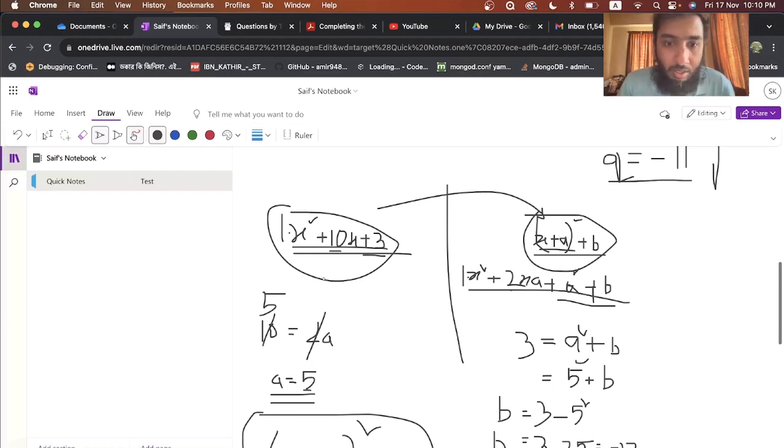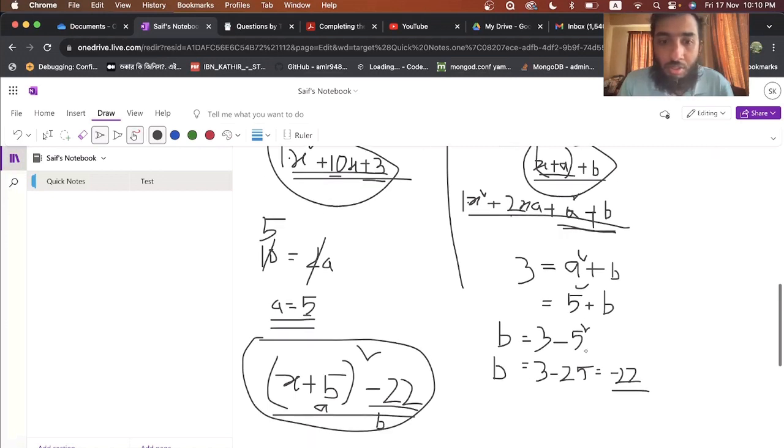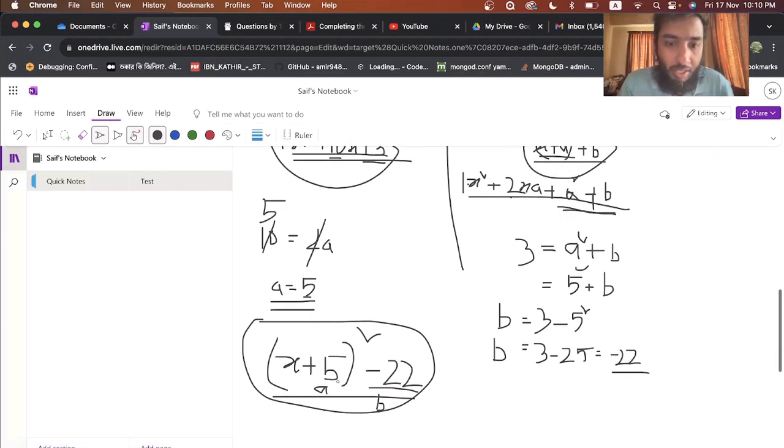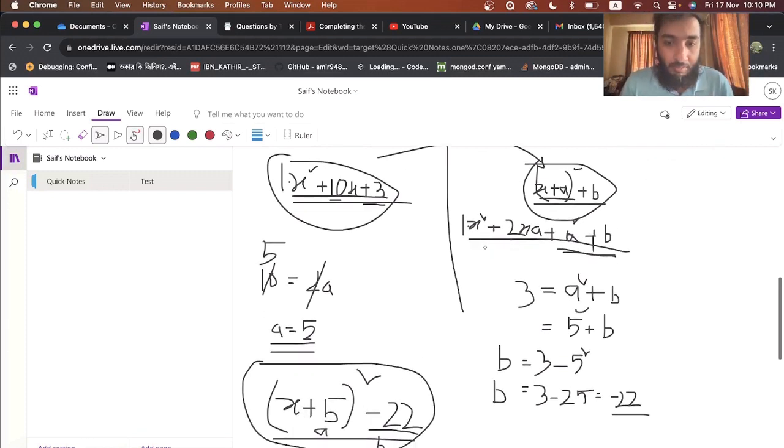For x, it is twice a and 10, so I captured the value of a, which was 5, and then I matched the constant term, used the value of a to figure out the value of b, and then used a and b to make the expression form. So this is how you can think about solving a problem like this.